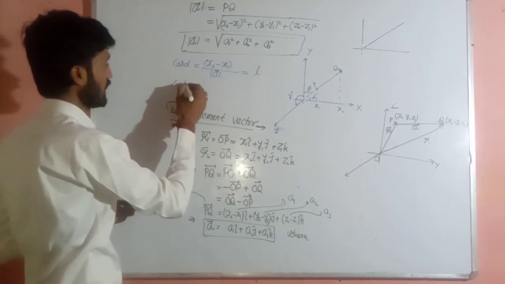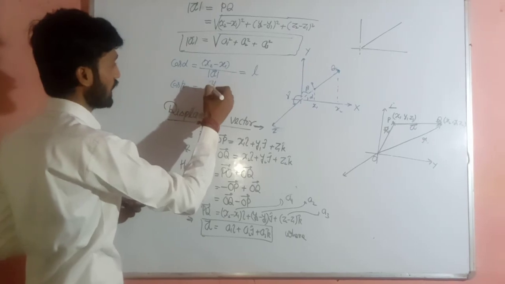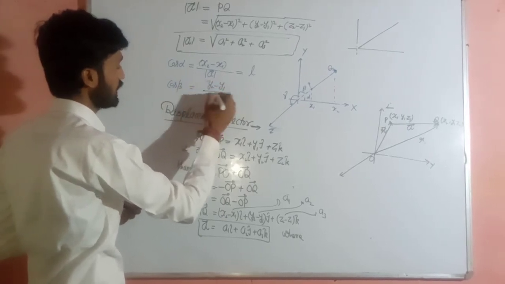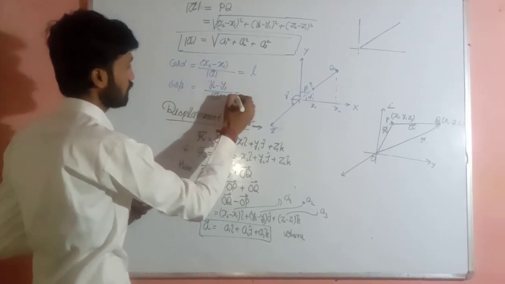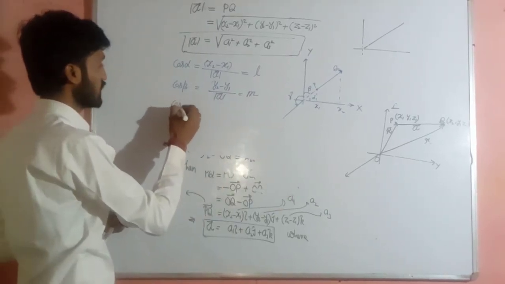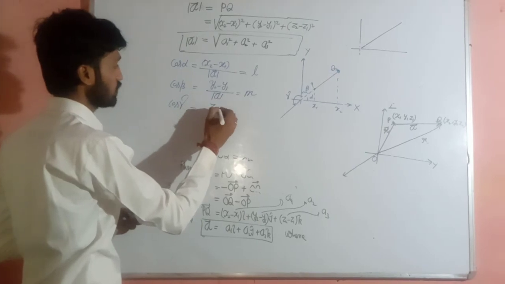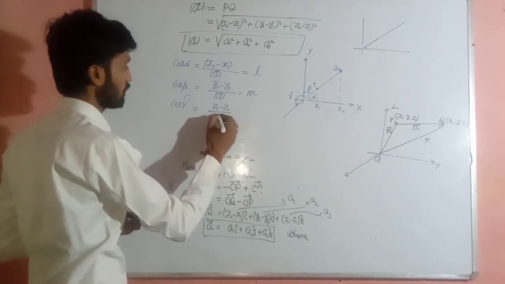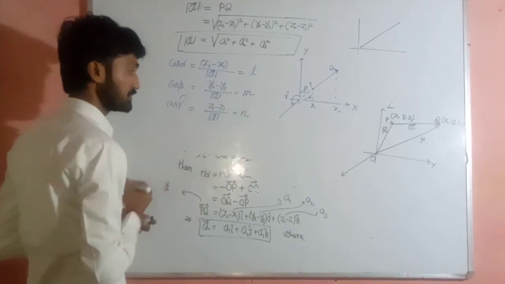And cos beta, same as, y2 minus y1 divided by mod of vector A, which is equal to m, and cos gamma is z2 minus z1 upon mod of vector A, equal to n.